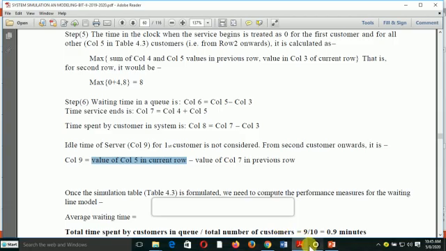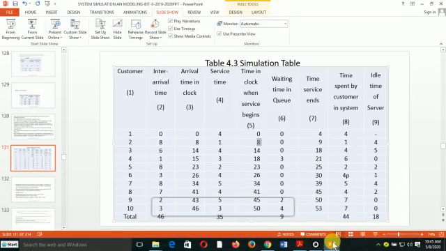So I will take the current value for the second customer. It means that we will take the value when the service began minus the time when the service ended for the previous customer.